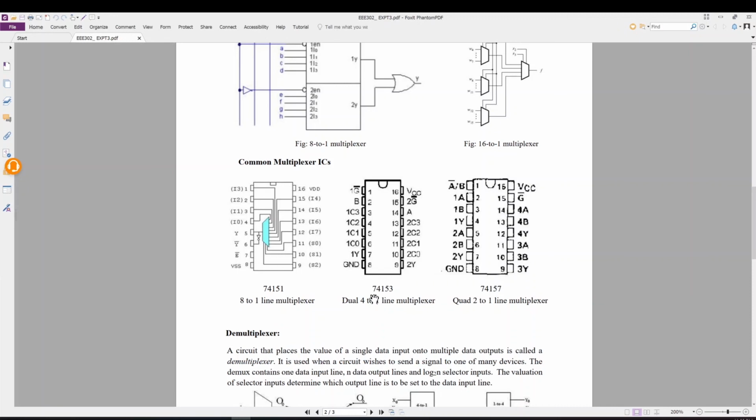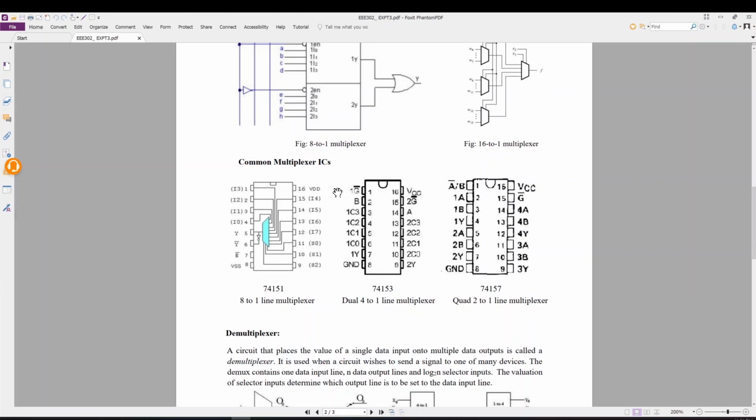And this is 74153. This is a dual 4 to 1 line multiplexer, so it has two 4 to 1 line multiplexers. This is one input line, this is another input line, this is the output line of these inputs, and 2Y is the output line of the other inputs, and A and B are the select lines.